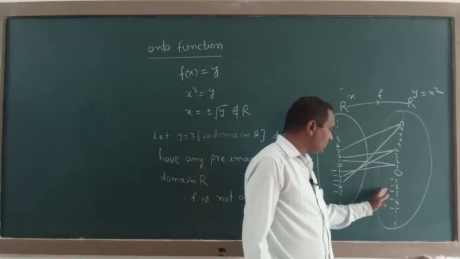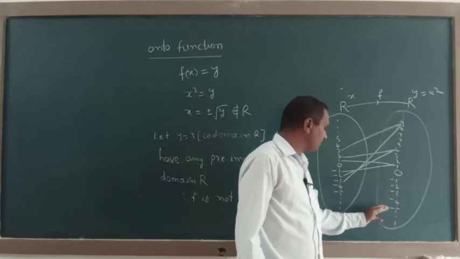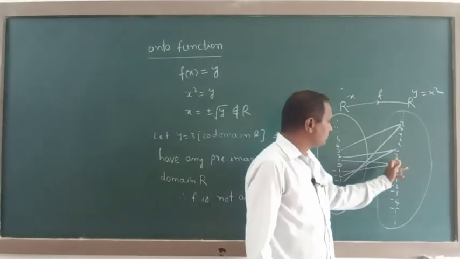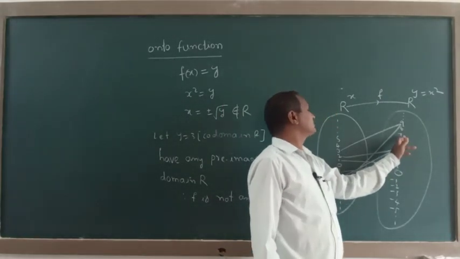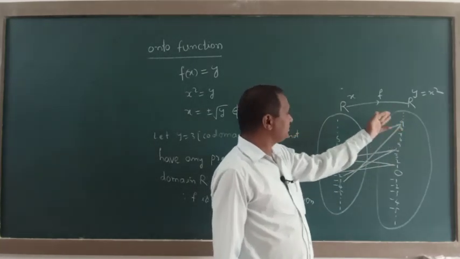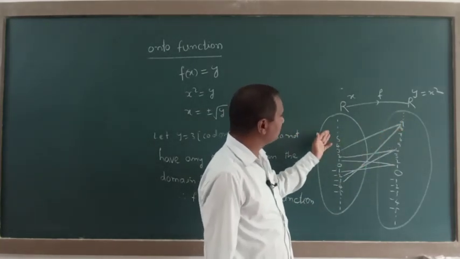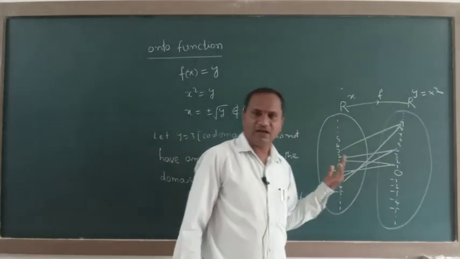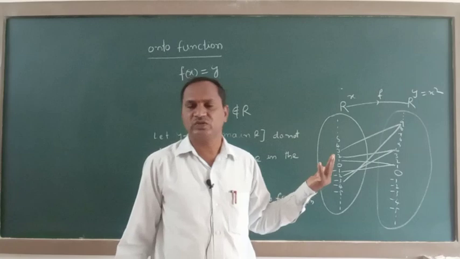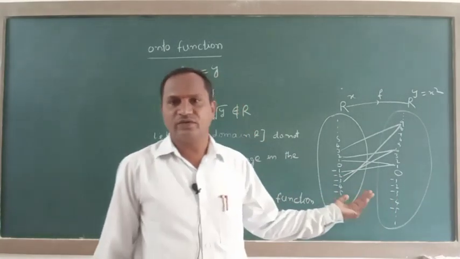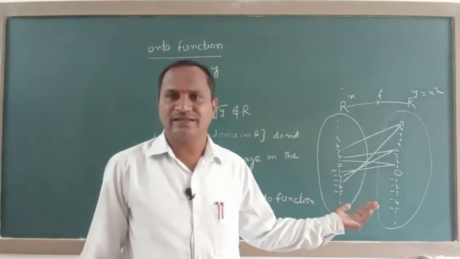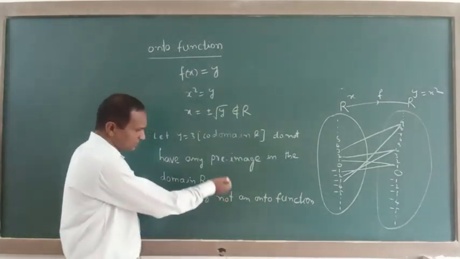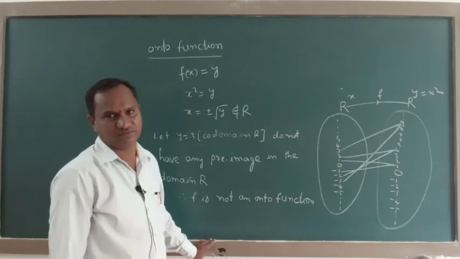These all do not have any pre-images in the domain capital R. See, if you observe 2, 3, 5, 6, 7, 8, 10, those elements also do not have any pre-image in domain capital R. If they do not have any pre-images in domain capital R, easily we can say that codomain is not equal to range. Therefore, f is not an onto function.